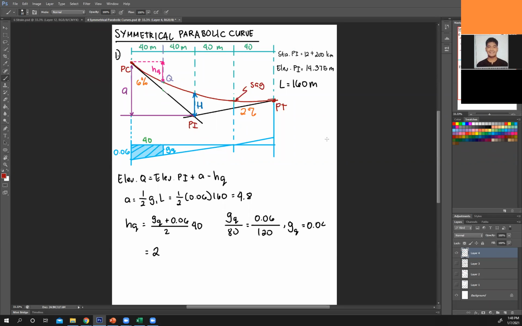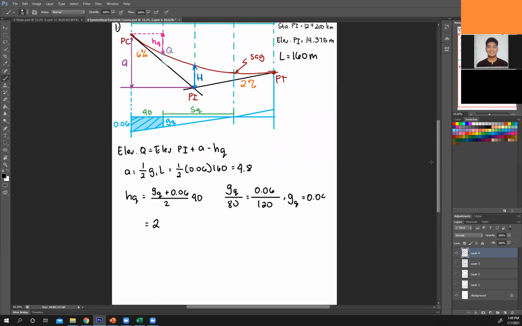But in actual, right? You need to solve for that SQ. Or you need to solve for this length. So let's call that SQ. Okay. So let me delete this.